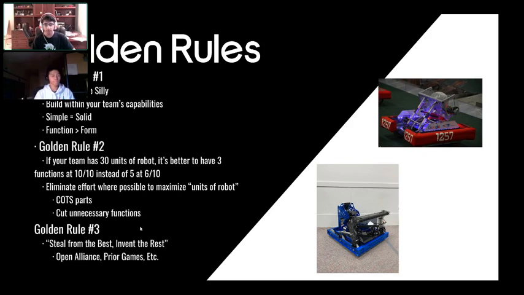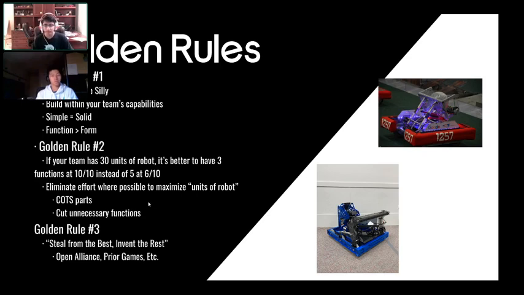Similarly, you can use an off-the-shelf lift kit, as I mentioned, and then you still have 30 units of robot to put in, but because you're using off-the-shelf parts and mechanisms and outsourcing that work, you're able to get to a robot that has 45 units of robot put into it, even though you only had 30 units to give.